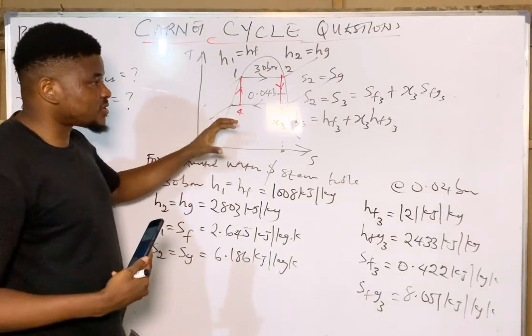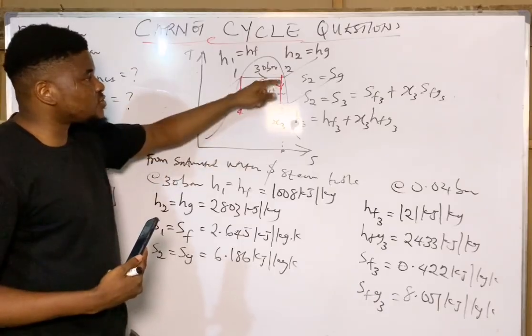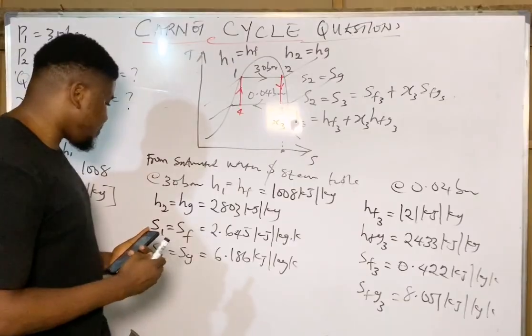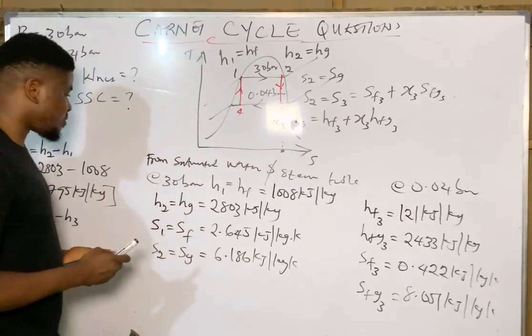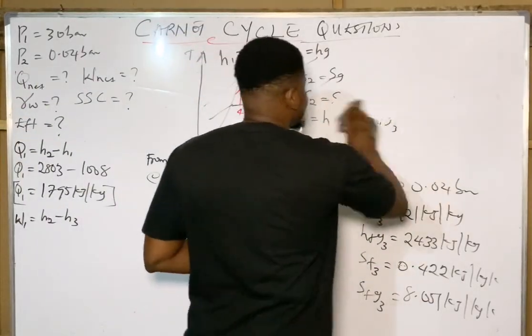In order to find the dryness fraction, the first thing we have to do is to equate the entropy. You will recall that state 2 to state 3 is an isentropic process. So since it's an isentropic process, it means that S2 is equal to S3.